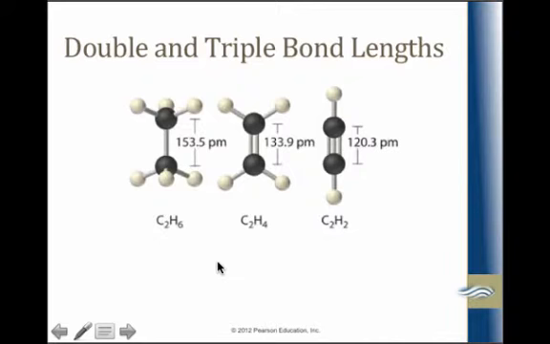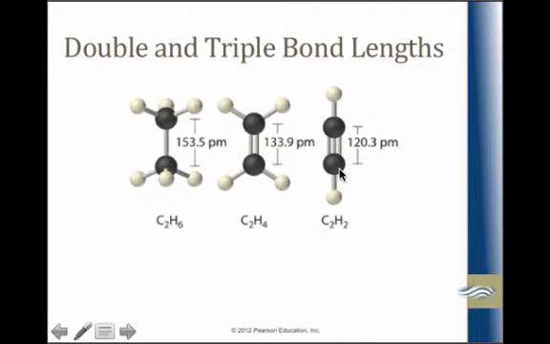This slide is good for showing the bond length differences between the single, double, and triple bonds. Here you have a carbon. The carbon is the black and the hydrogen is the white. And we have a single bond here with a length of 153 picometers. Picos 10 to the minus 12 meters. Here we have a double bonded carbon double bond, and it has a length of 134 picometers, and the triple bond is 120 picometers.